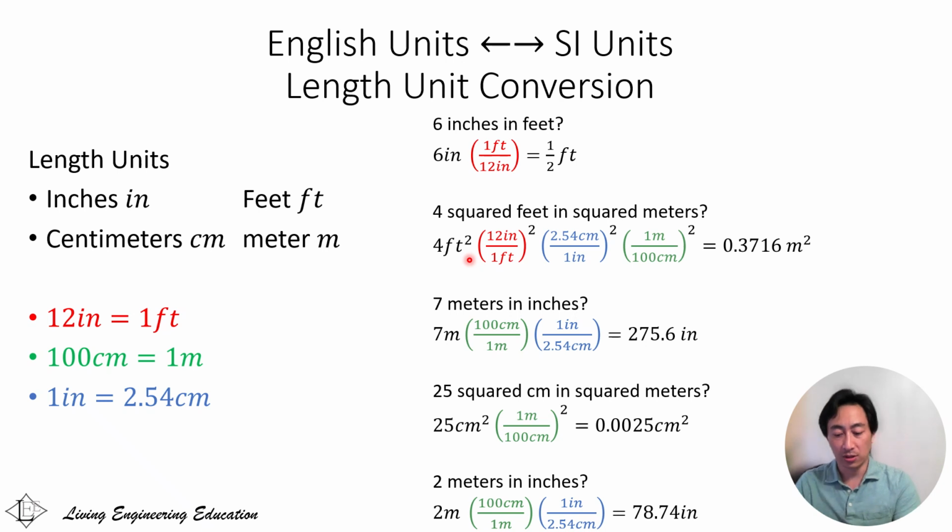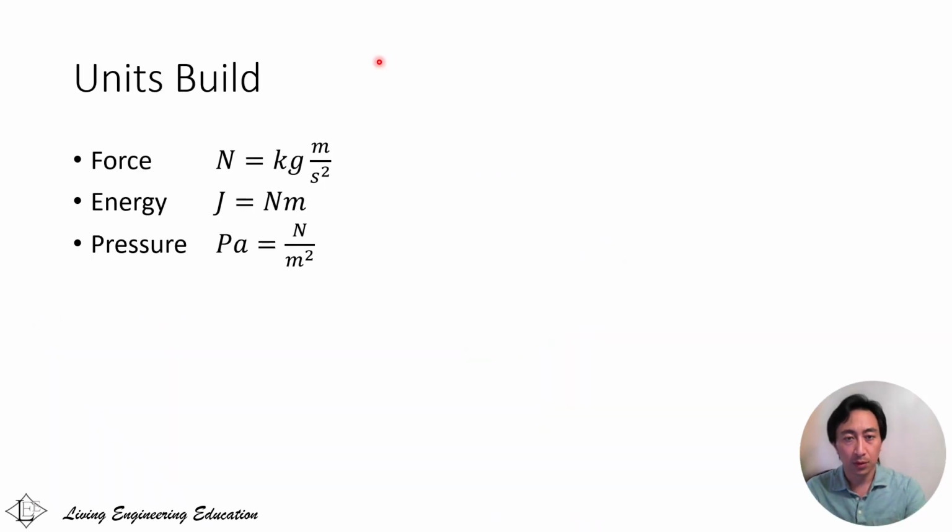All right, so next I want to show you when we have multiple units combined to create a larger unit. How do we make those conversions? Now, units are not just standalone. We can measure the mass of something in kilograms. We can measure the length in meters. But there are certain properties that are a combination of these fundamental units.